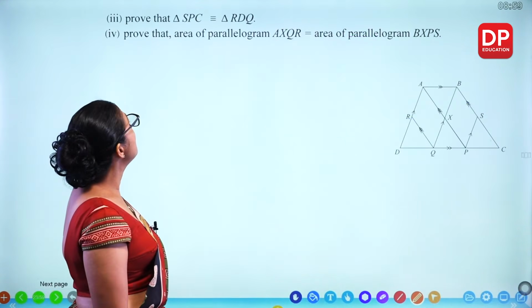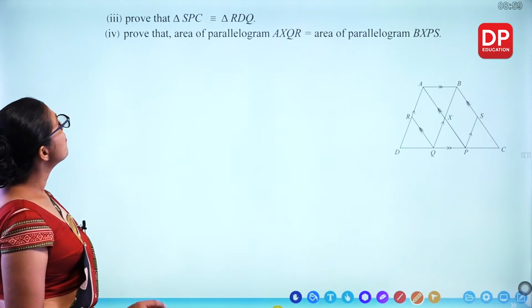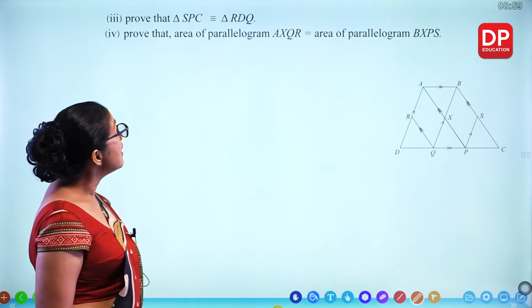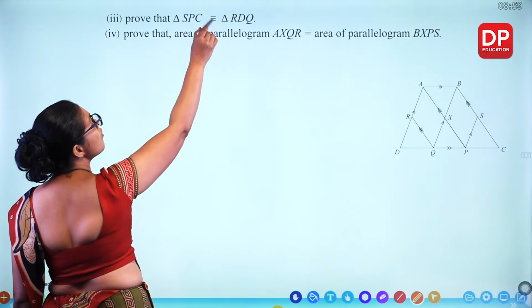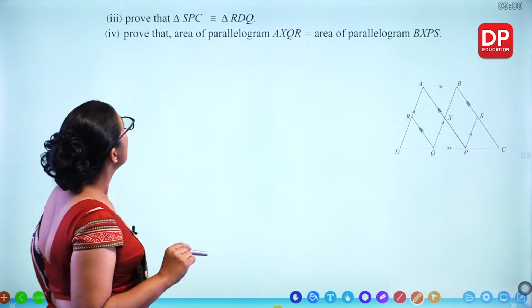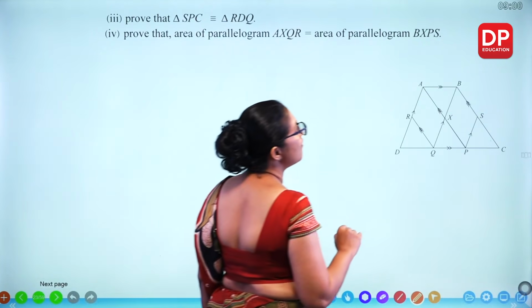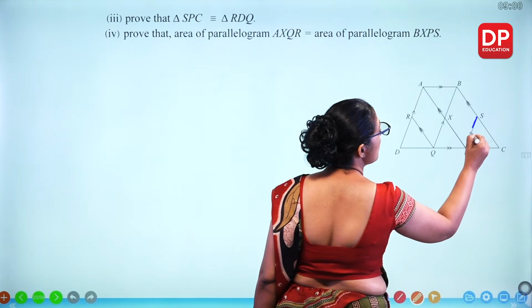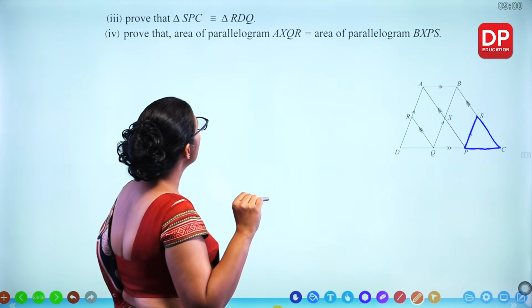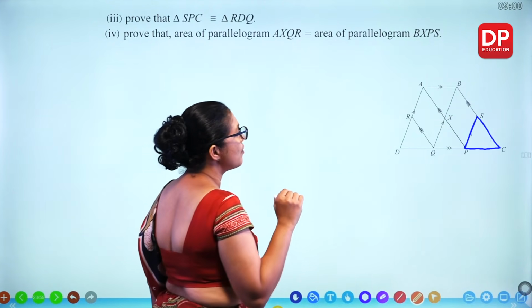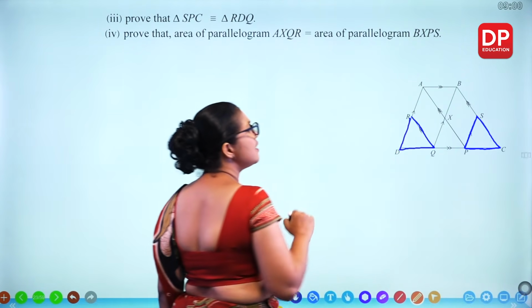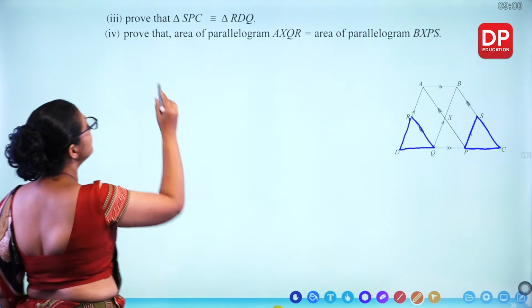Now we look at the third part of the same question. Prove that triangle SPC is congruent to RDQ. So we'll look at the triangles and see.